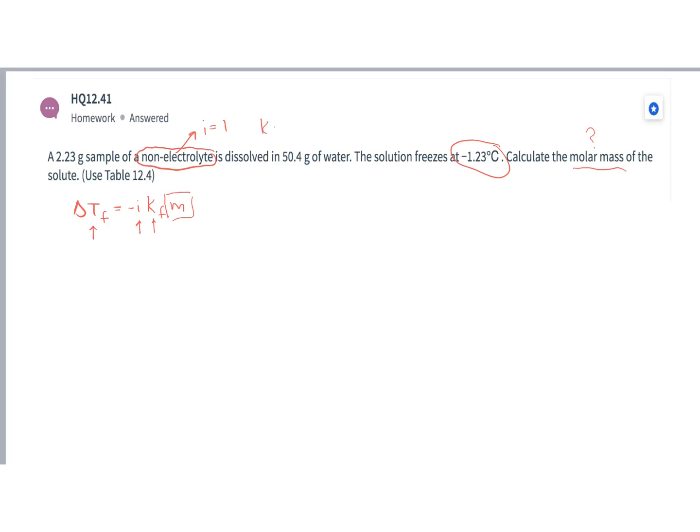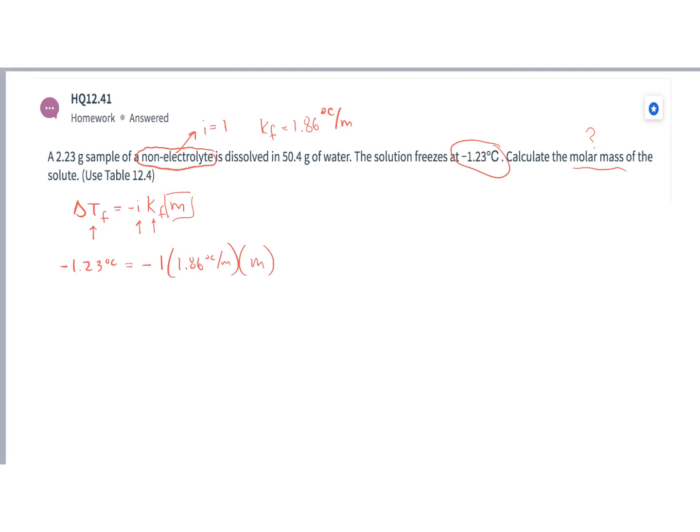Our freezing point constant is not given, but we can easily look that up. The freezing point constant for water is 1.86 degrees Celsius per mol. So our change in freezing point: well, we normally freeze at 0 degrees Celsius. I observe it to freeze at minus 1.23 degrees Celsius, equals negative 1 times 1.86 degrees Celsius per mol times the molality, which I don't know.